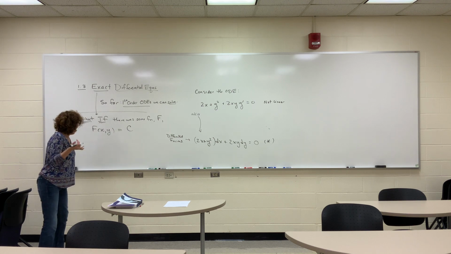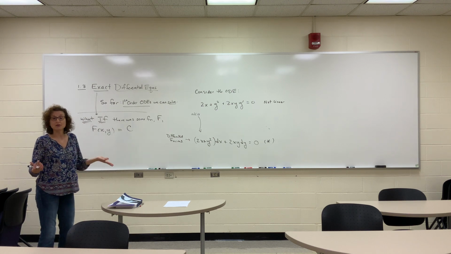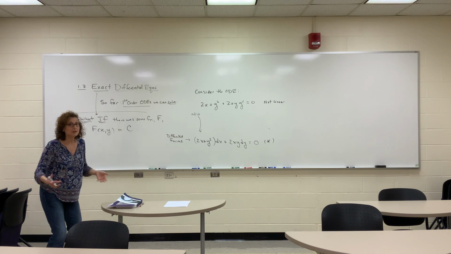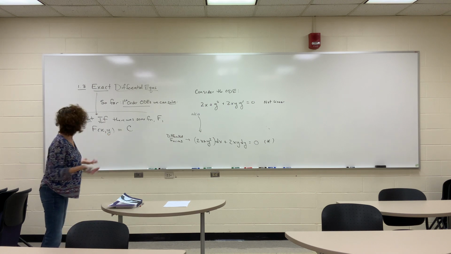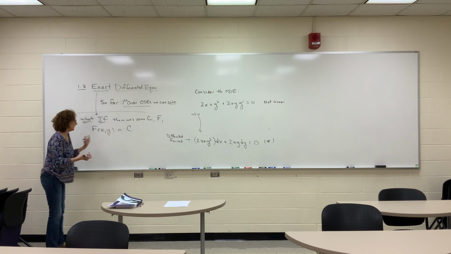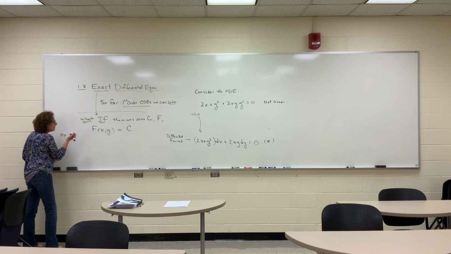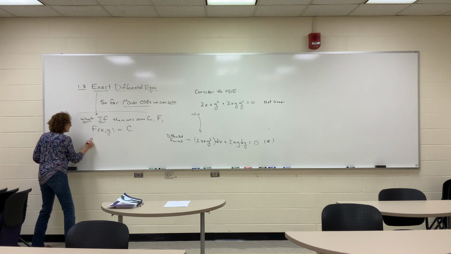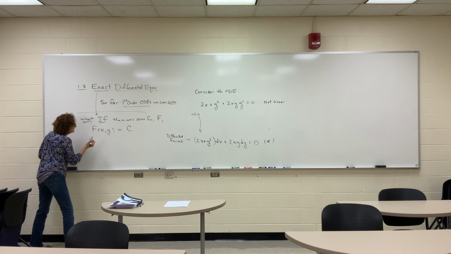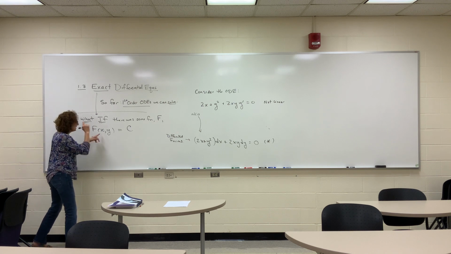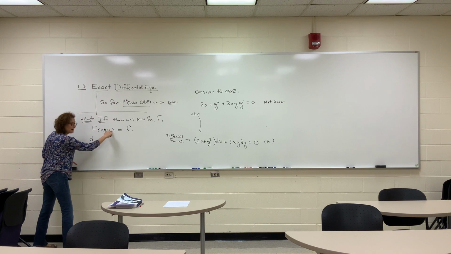Well, if that were the case, what could we say about this function? Anytime we see constants, one thing that's easy to do with constants is take their derivative, right? So we could take the derivative of both sides. Now, what do we really mean? Y really depends on x, so this is implicitly a function of x.